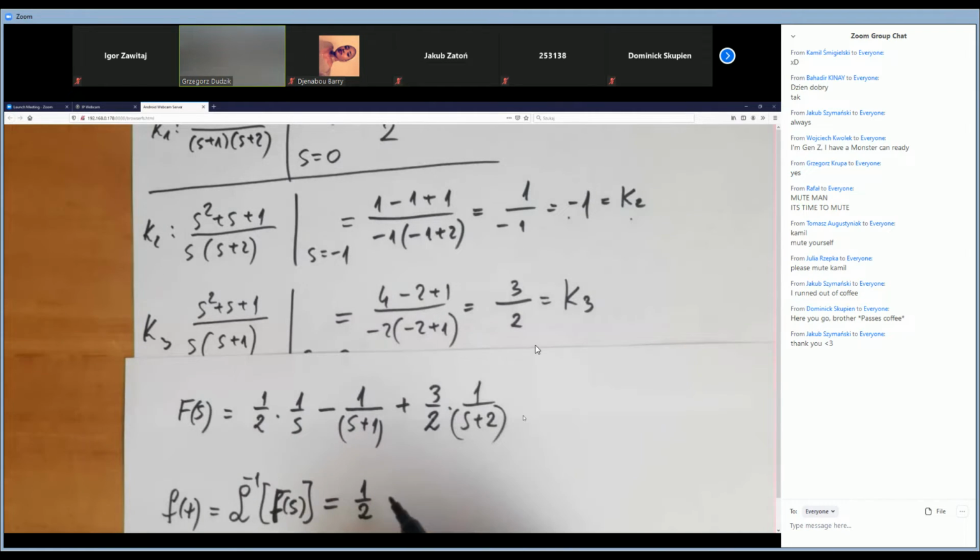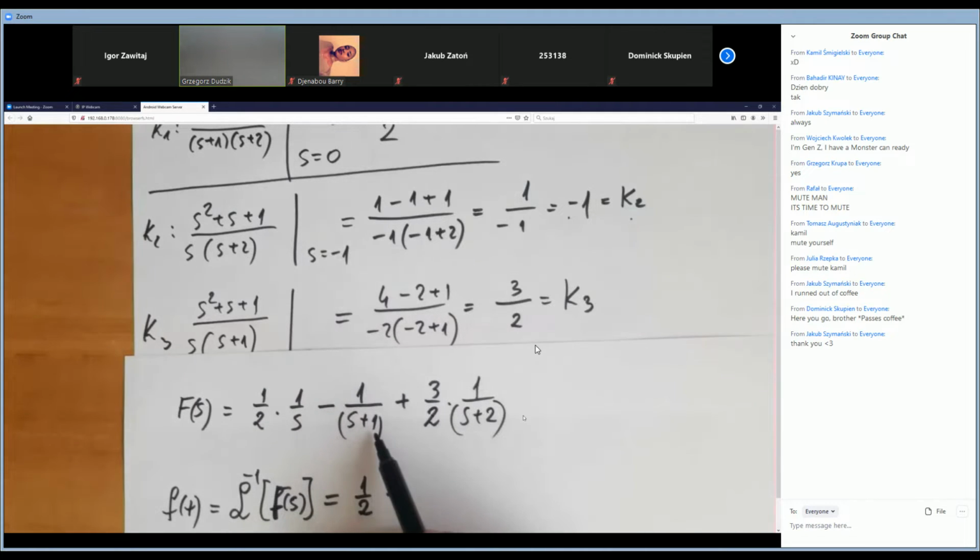Minus the inverse Laplace transform of 1 over s plus 1. So this is e powered to, here we've got the plus, so it is minus a, it is 1, so 1 I don't have to write here, times t. It is e to minus t.